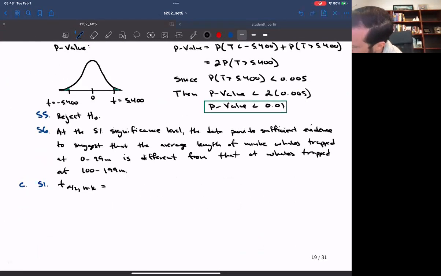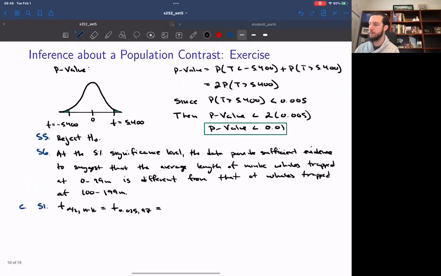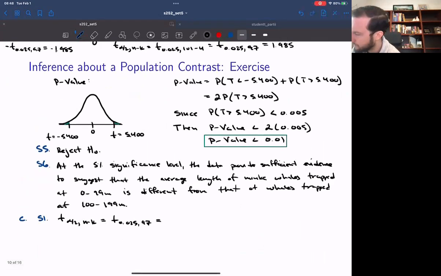So this is going to be t 0.025, 97. So then we're going to use the estimate from the t table that we used in the previous question. So that's going to be 1.985. Okay, so we have the same critical value here.